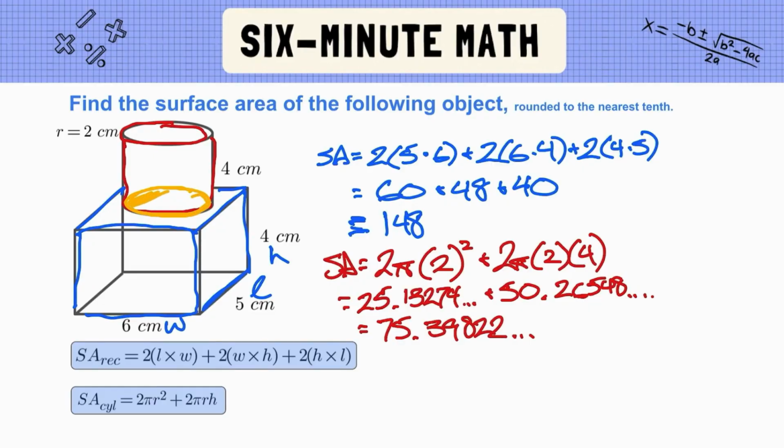So I need to figure out what that is here in yellow. Now that is a circle, so I'm going to find the area of that circle. So I'm going to say the area of the circle in yellow is pi r squared, which is also equal to pi times 2 squared.